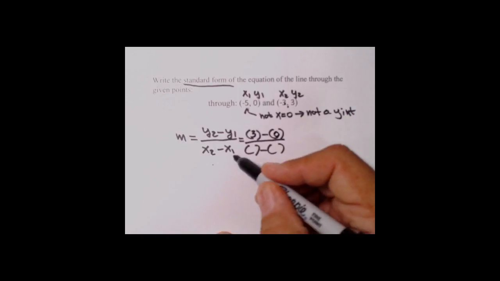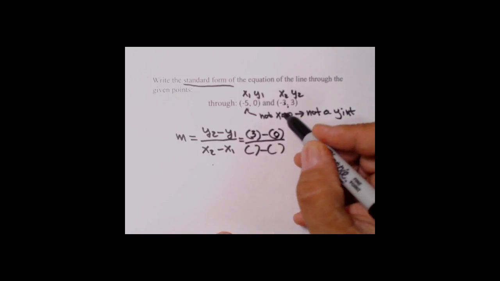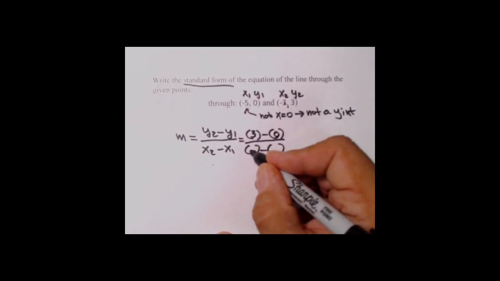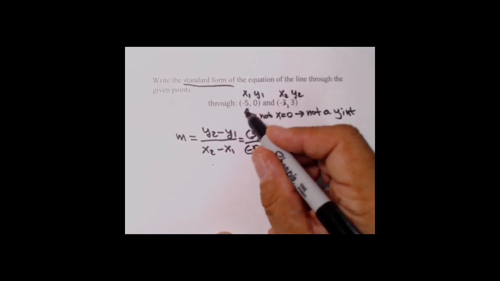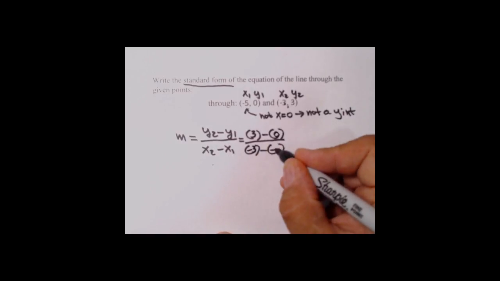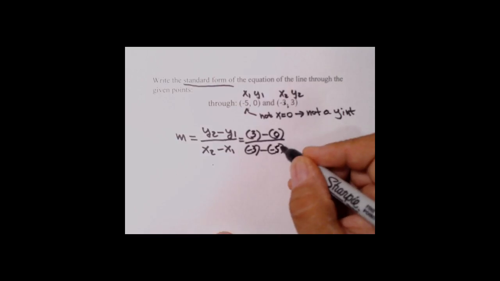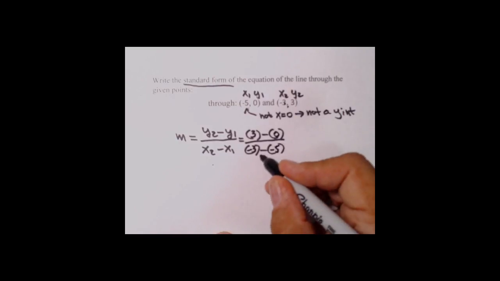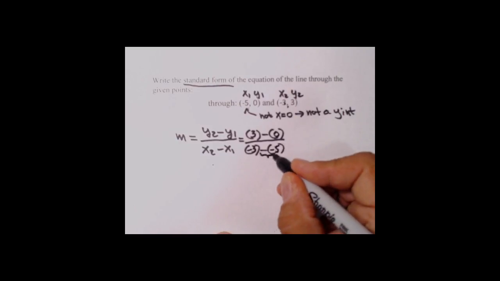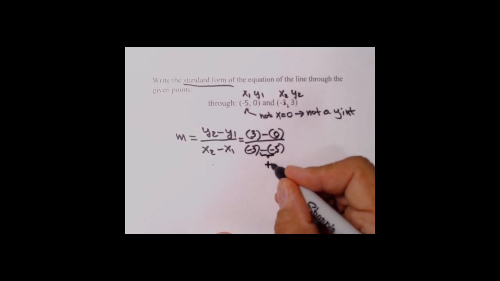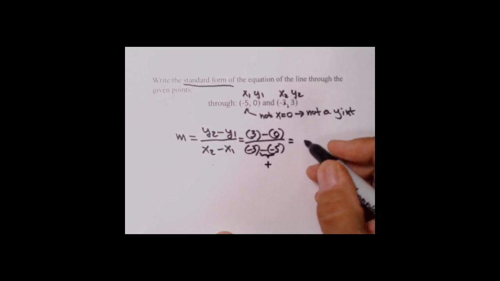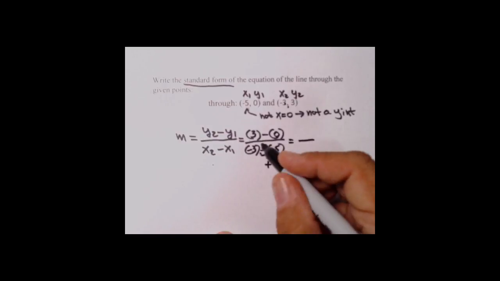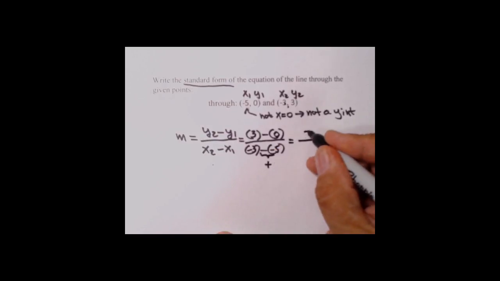Bottom left value is x2. x2 equals negative 3. And the bottom right value is x1. x1 equals negative 5. Well, there is one of these guys that has more than one sign in front of the number. The 5 has two minuses, so we combine those to a plus. Okay, let's see what we end up with here. Upstairs, I've got 3 minus 0, which is just 3.